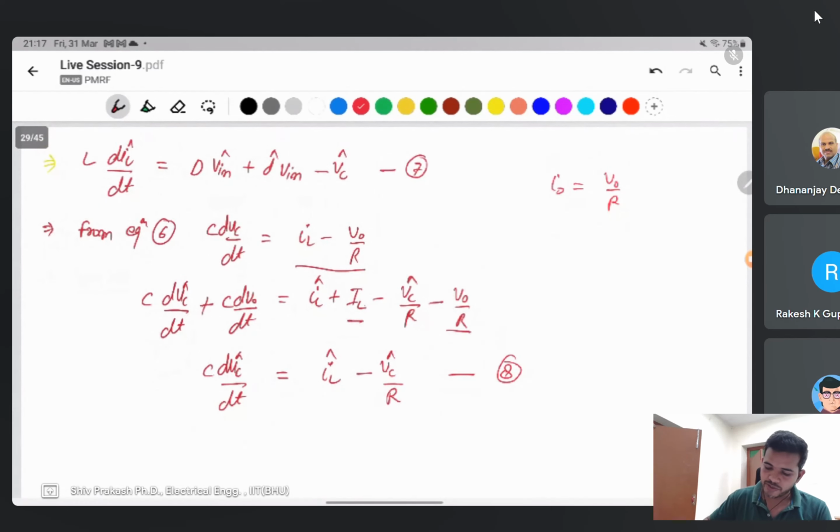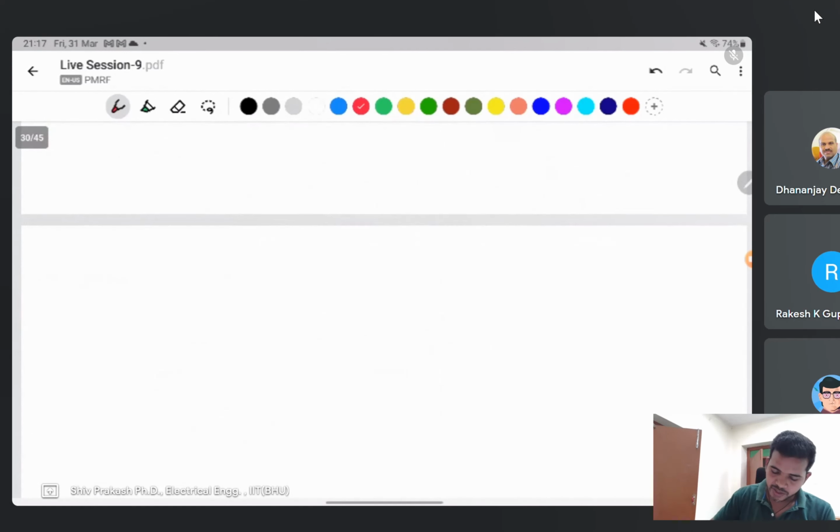From equation number 7 and equation number 8, you can write delta IL cap divided by dt is equal to D by L into V in plus d V in.